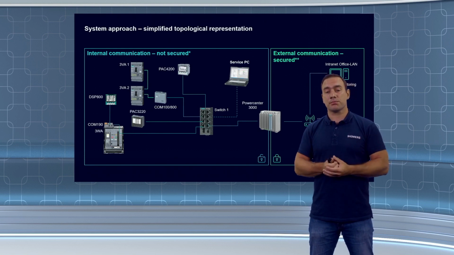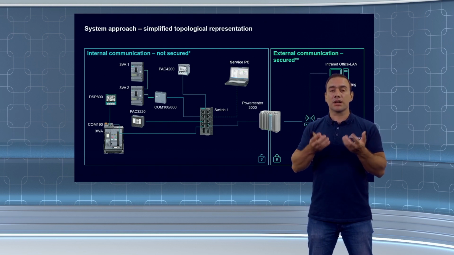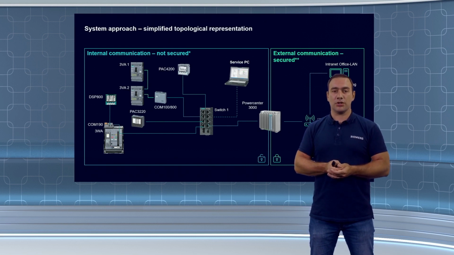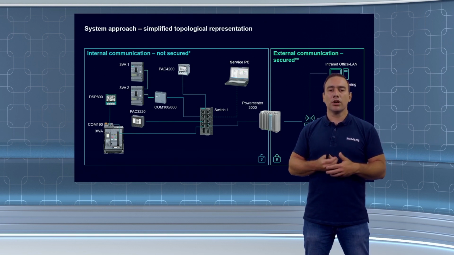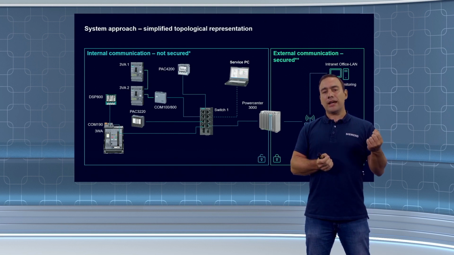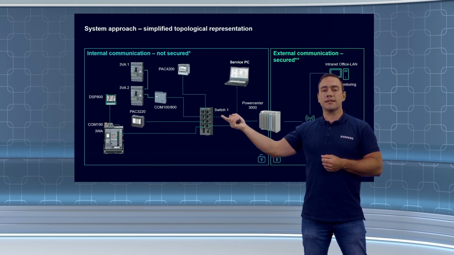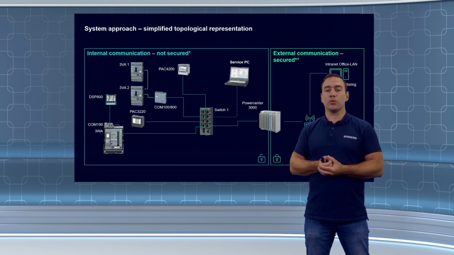Modbus is a field-based protocol that is designed or used in an unsecure way because there is no encryption inside the communication. That means each and every participant of this network could listen and could see all the data in clear. In fact, there is the Power Center 3000 collecting all this data that is provided by the communicative capable devices. Of course, in an unsecured way. That means this part of the network needs to be protected.